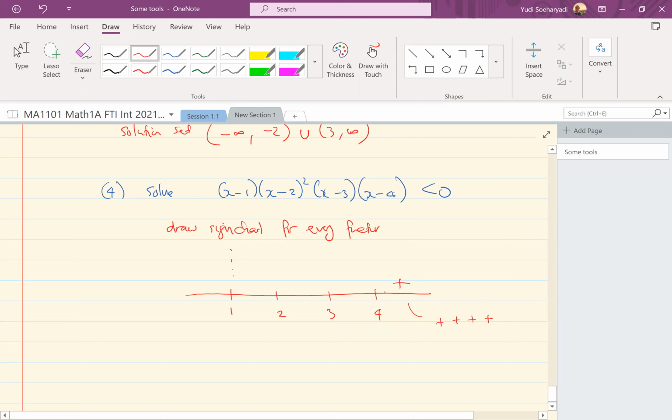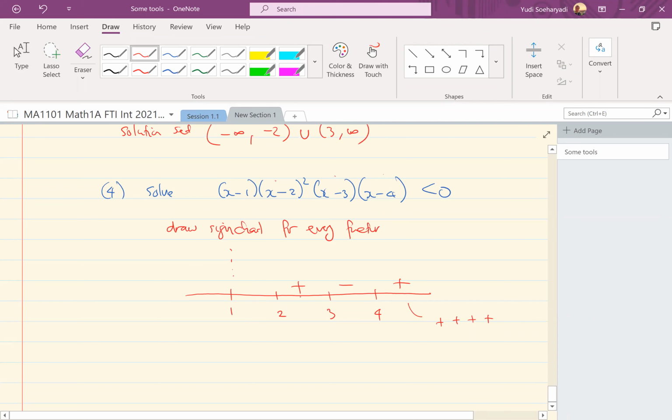And if you cross 4, between 3 and 4, this number is negative, but everything else is positive, so they become negative. Across 3, right? Across 3, what happened to these numbers between 2 and 3? This is negative, negative, positive, positive.